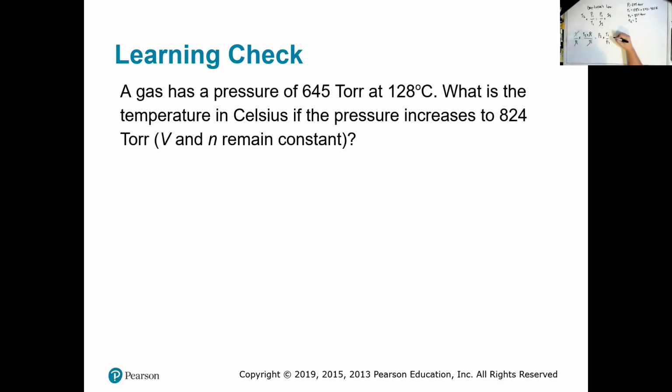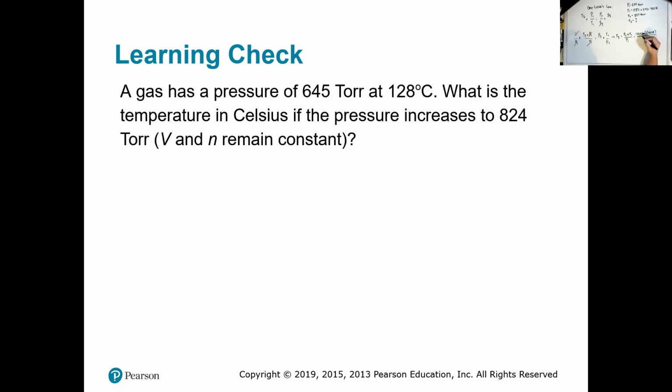And now we can rewrite what's left. T2 is going to be equal to P2 times T1 over P1. I know it's a lot of ones and twos. That's why you have to make sure that you are keeping track as you go. So now we can plug in our values. P2 is going to be 824 torr. T1 is going to be 401 Kelvin.